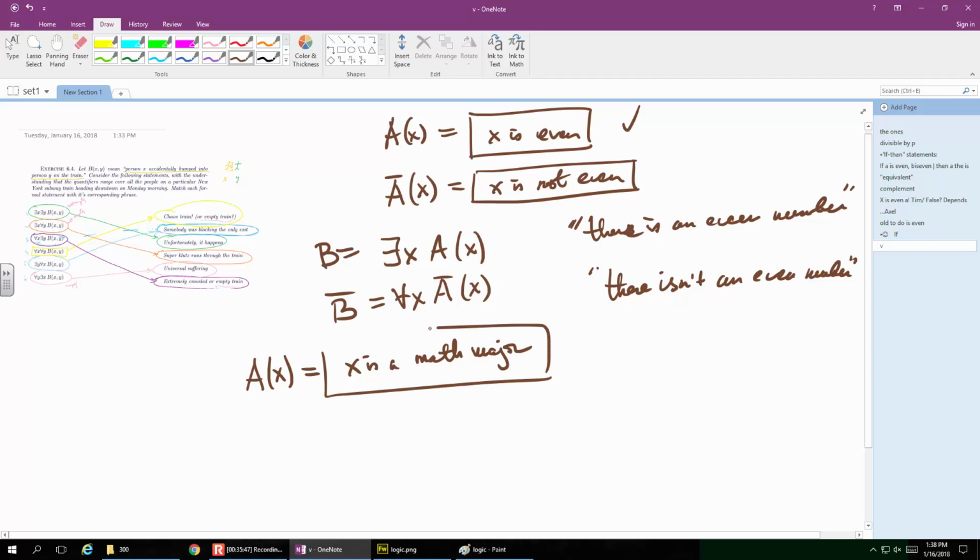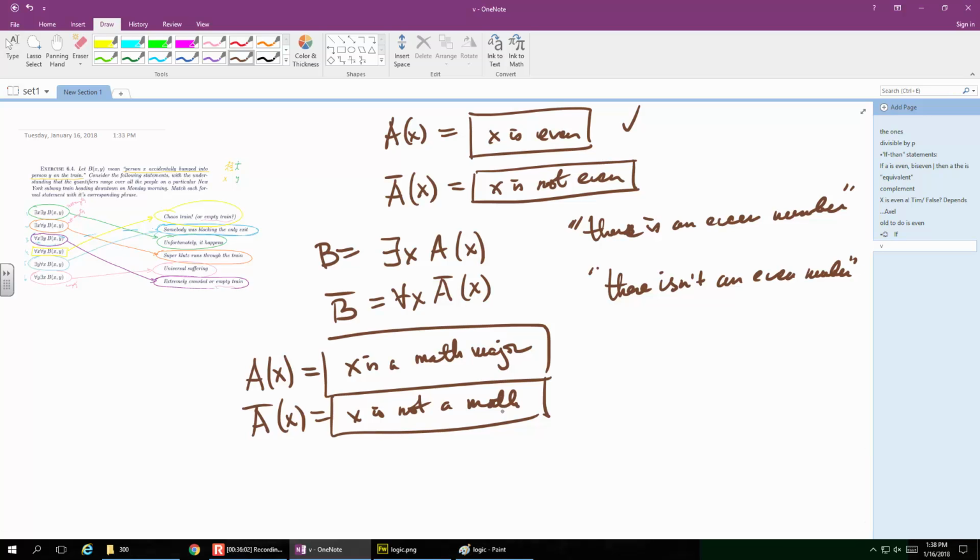It's very easy to say what the negative is: x is not a math major. Negation is very easy to write if it is a very simple plain statement. When there are quantifiers such as there is or for any, that becomes complicated. So once again, there is an x such that A of x. What I'm saying here, statement B, what does it say?